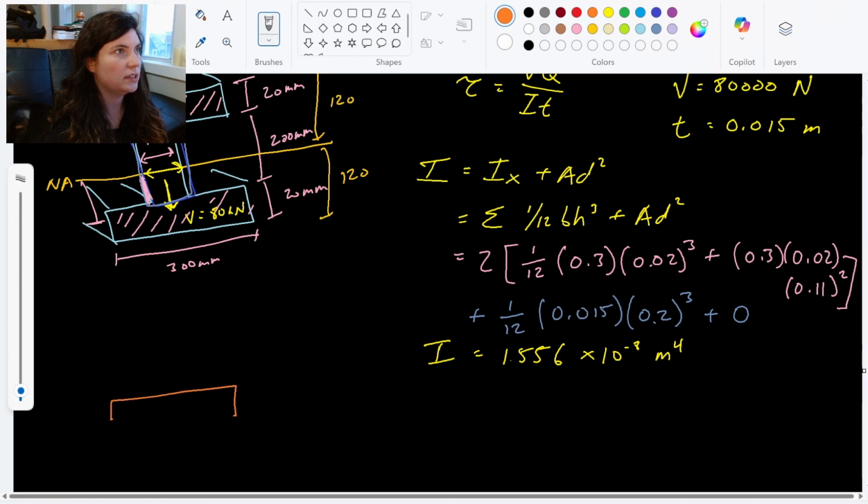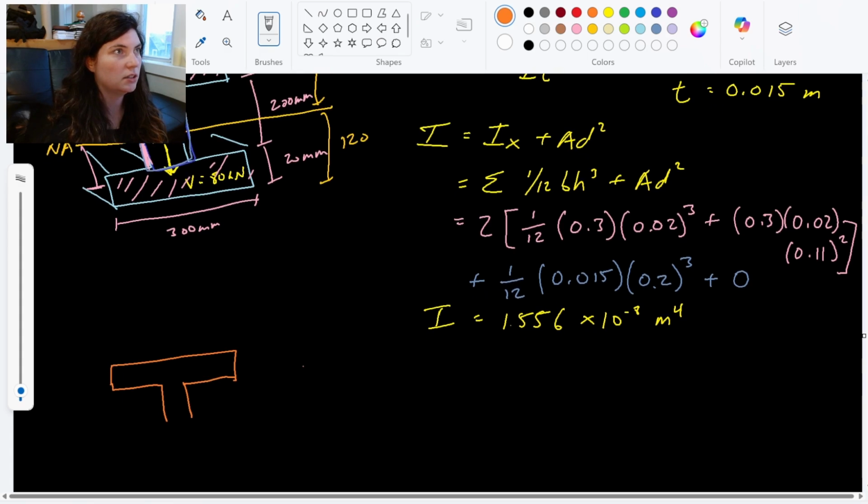So for Q, I have this T shape now, right? Because I have the neutral axis here, our centroidal axis. My distances, let's see, we have 100 millimeters, 20 millimeters.